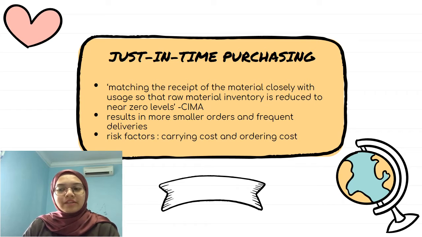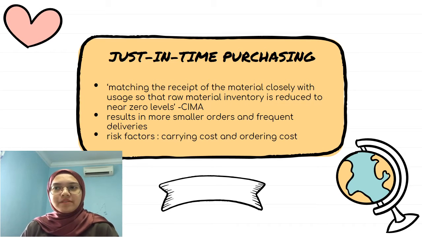So I'm going to give a little example about just-in-time purchasing. Let's say there is a demand of 20 pieces of cotton t-shirt. In order to satisfy the demand, let's say one piece of cotton tee will need 2 meters of direct material.